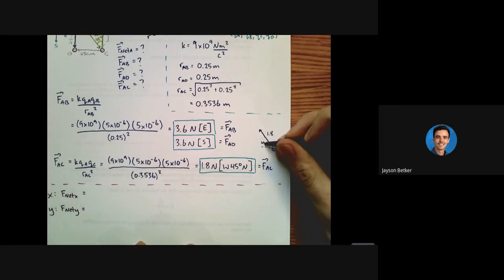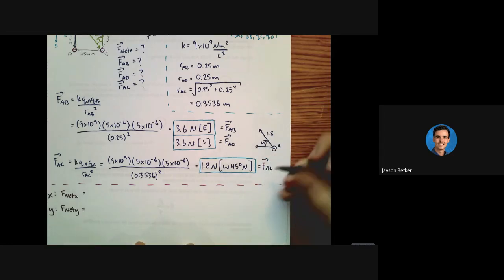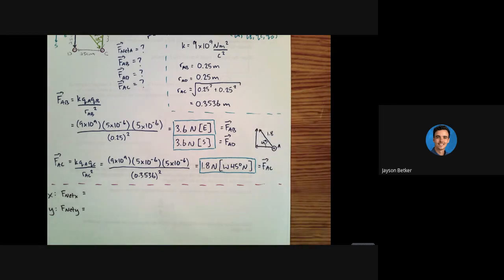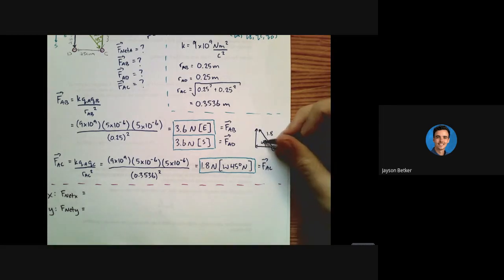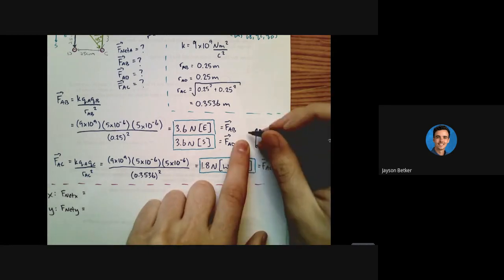So we'll just go down here because I accidentally wrote my 1.8 up there. Doesn't make a difference. We're going to have an X component and a Y component. And we've done this a bunch, so I do think that we should at this point be able to know what's going to happen here. This is the adjacent, this is the opposite.